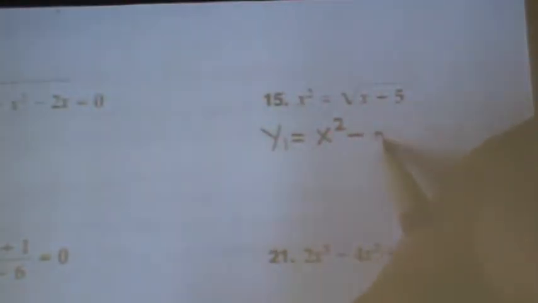Now, for questions 11 and 13, do you remember what I told you about 15 minutes ago? How will you type 11 and 13 in your calculator? Without the square root. Good job, Lily. Now, what about number 15? That one you're gonna need the square root. So when you type 15 in your calculator, you would do x squared minus the square root of x minus 5.